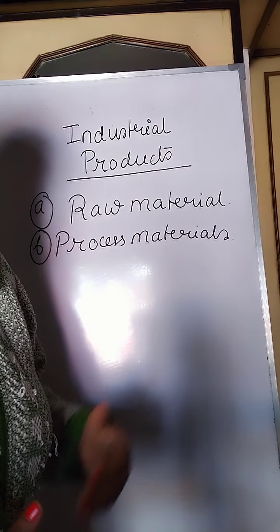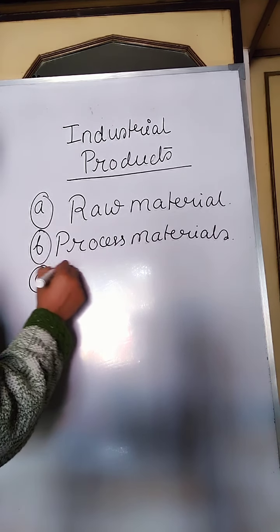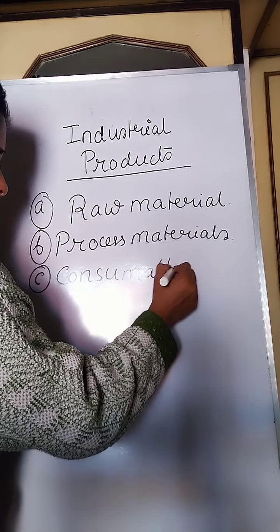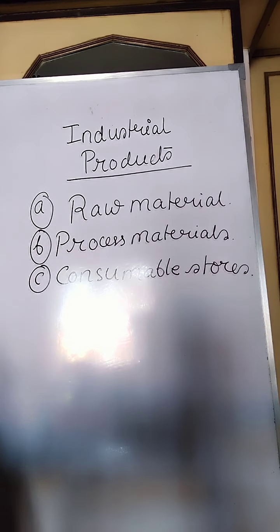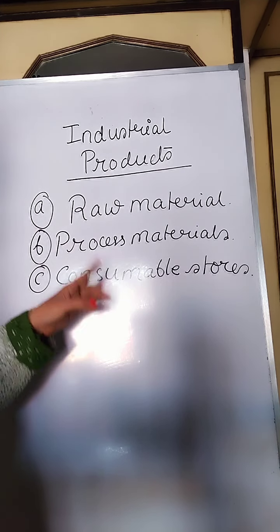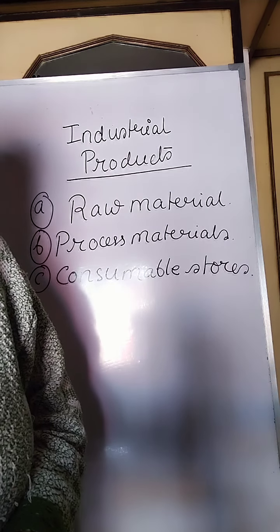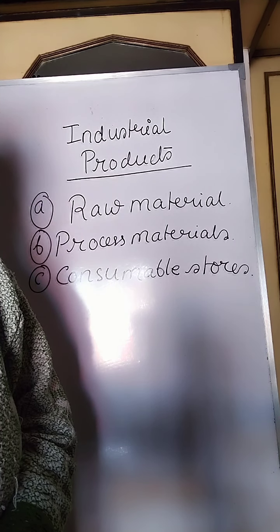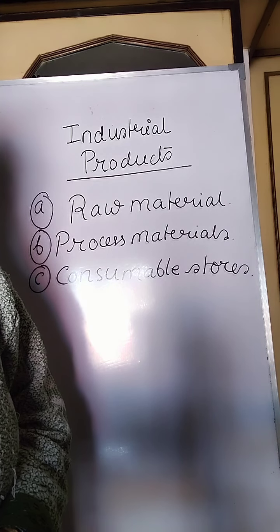Now comes the third, the consumable stores or supplies. Consumable stores can also be called supplies. These materials facilitate production, that is, they help production and operations, but do not become a part of the finished product. Consumable stores are commonly marketed through numerous retail outlets and are purchased routinely.